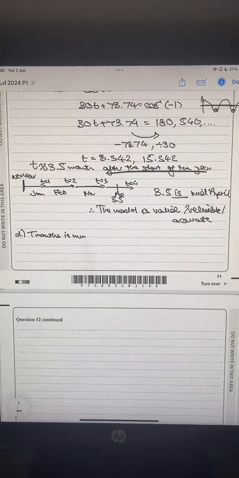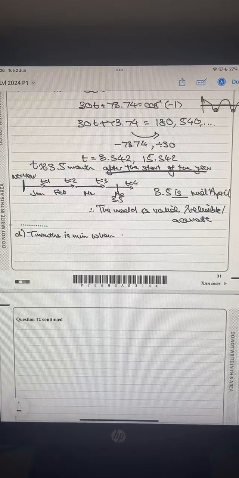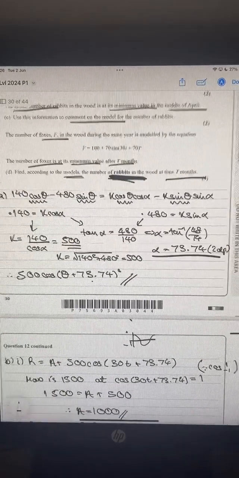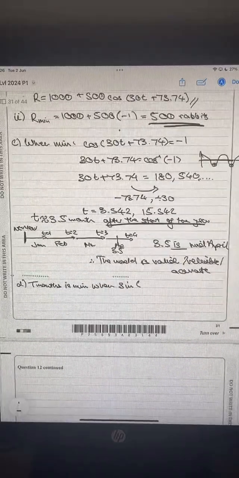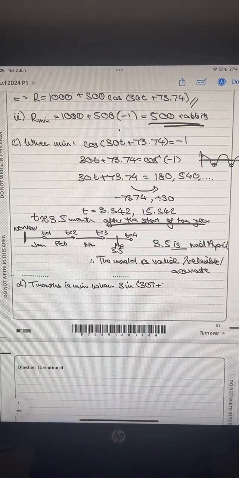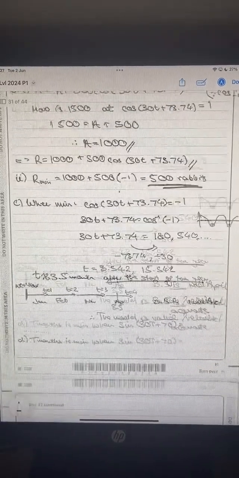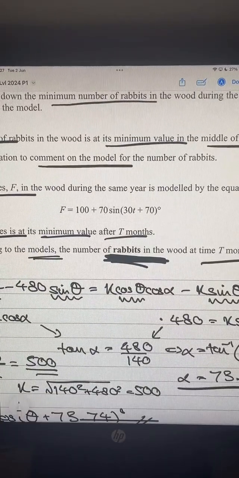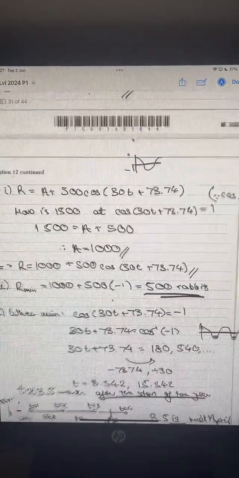is the minimum when our sine function, so we have sine, and what did they say it was? Sine of 30t plus 70, and that's equal to, and I need to check, how am I going to get this to be minimum? Well, I'm doing 100 plus 70 times something, so this has got to be negative 1 to take away a big negative.